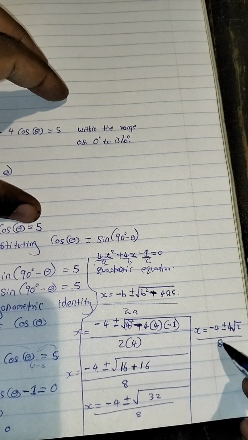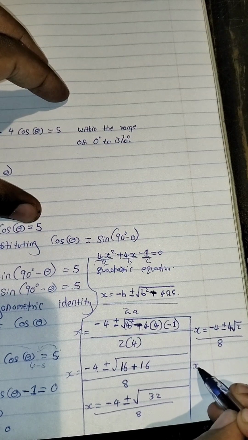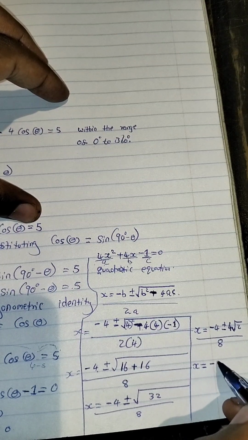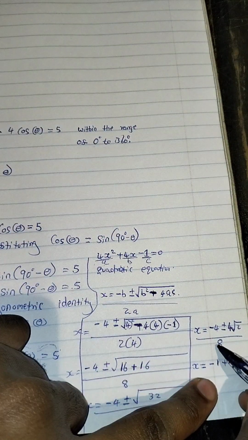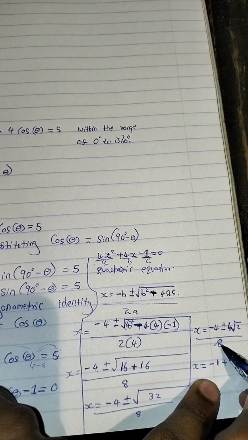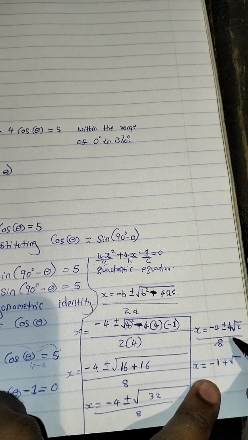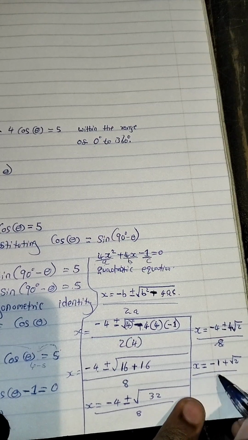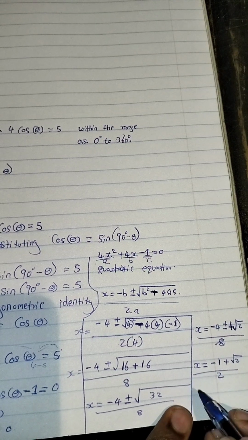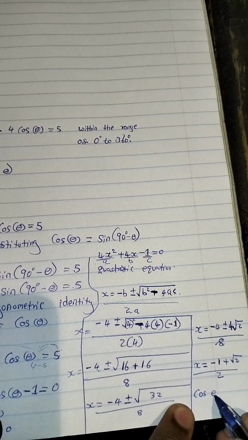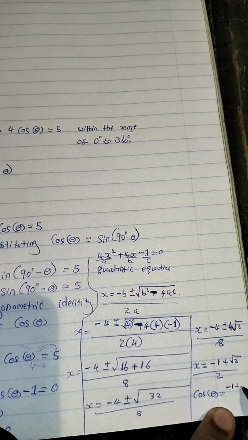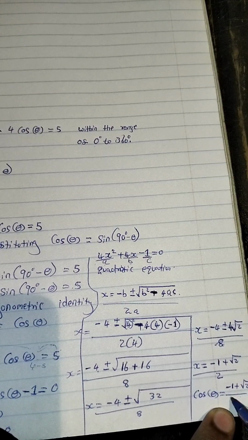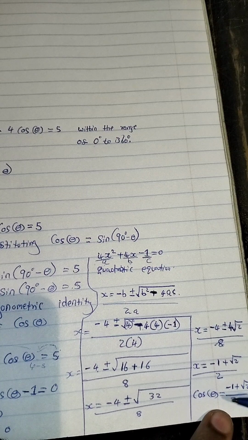And from this position, I can conclude that my value of x is equal to minus 1 plus root 2 over 2. So finally I can say cos theta is equal to minus 1 plus the square root of 2 over 2.